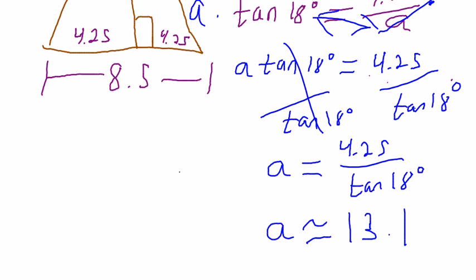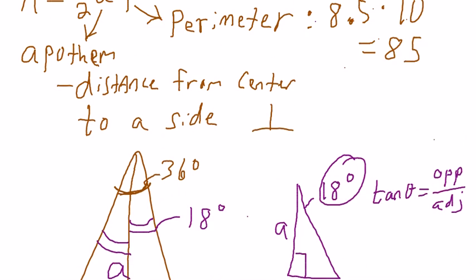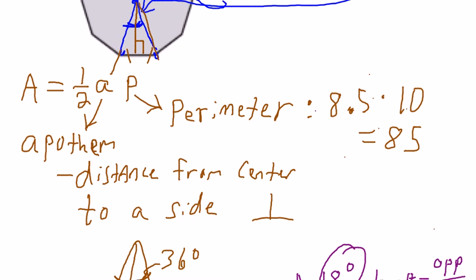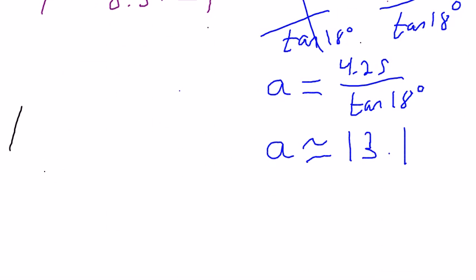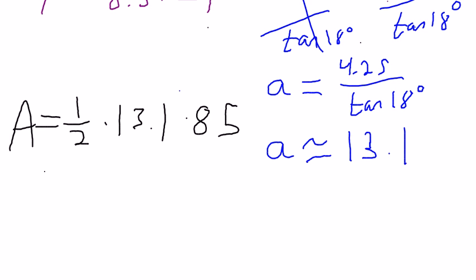So now I have all of my ingredients to use the main equation. That main equation is 1/2 apothem times perimeter. So perimeter is 85. So I'm going to have 1/2 times 13.1 times 85. Now, you can enter that directly as is, or what I would prefer that you do is try not to round until the very end.